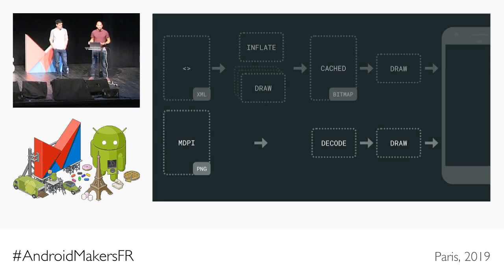I think the variety of devices out there and the much more powerful devices that we have now flip this equation. And now the flexibility that vector assets give you is much more desirable. So this is why I think now is the time that pretty much all your normal application assets should be thinking about vectors.